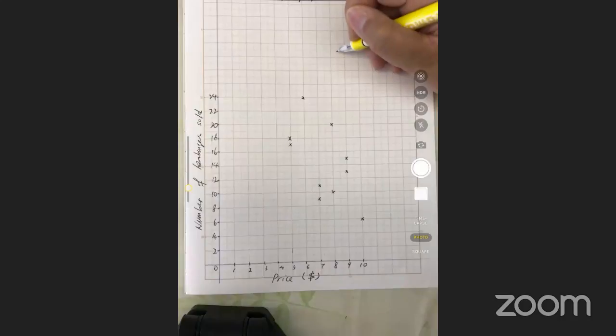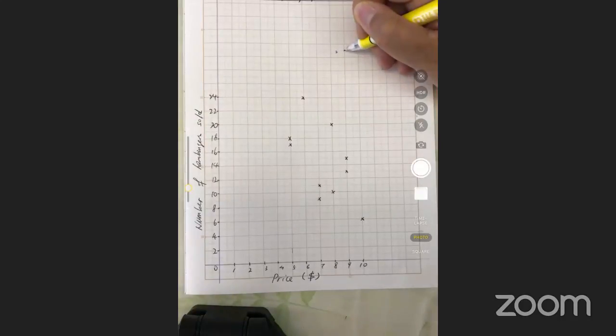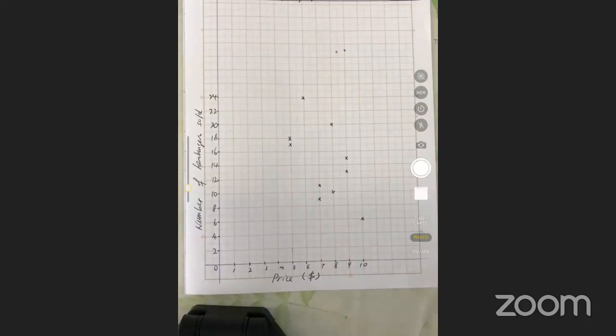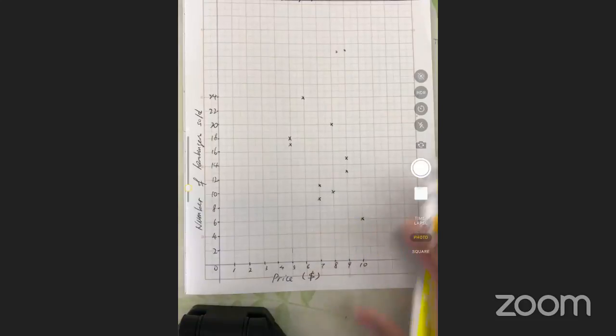Maybe some people may use a very small triangle like that, or just use circular dots. But it doesn't matter. Of course, we prefer to use the cross first. Then no need to do anything else. Don't draw the lines. No need to draw any lines.